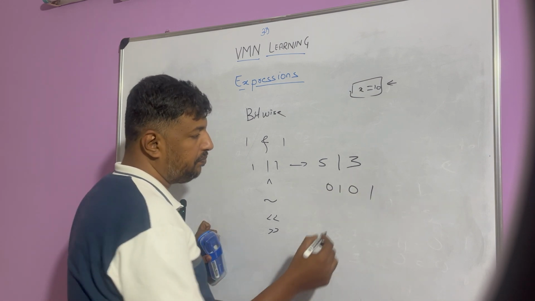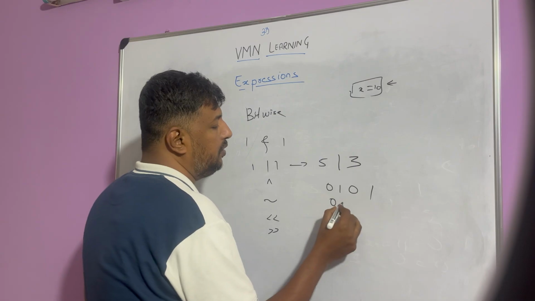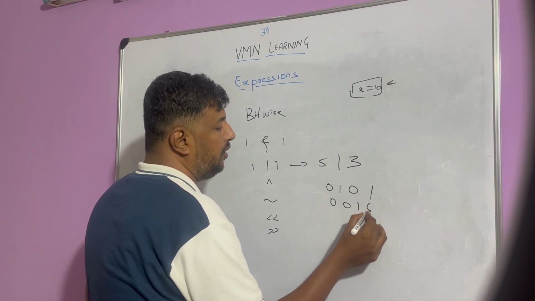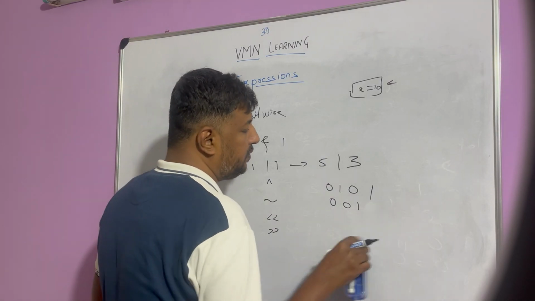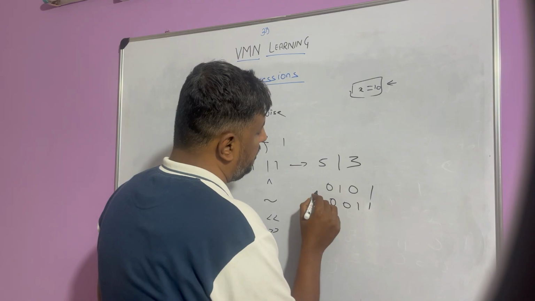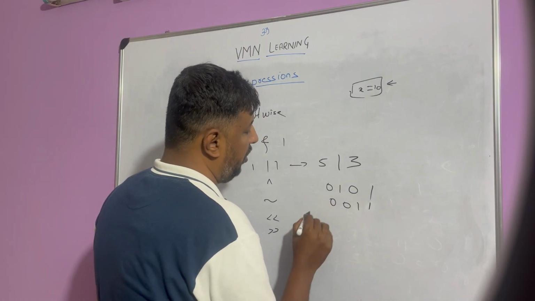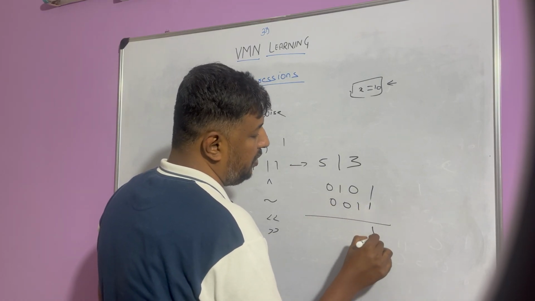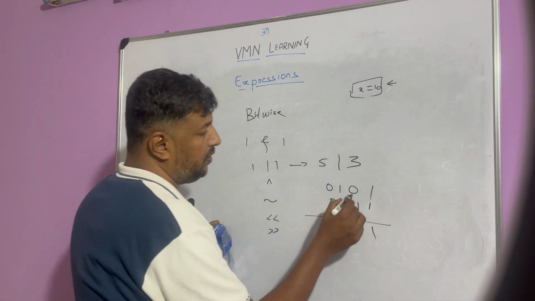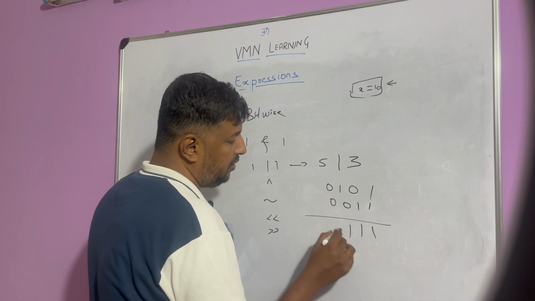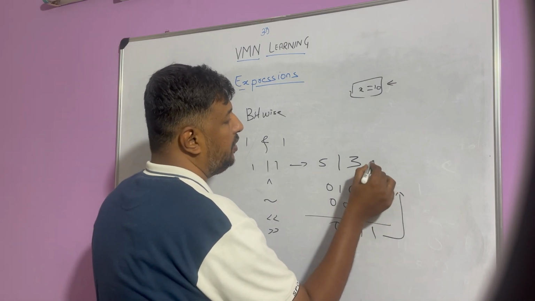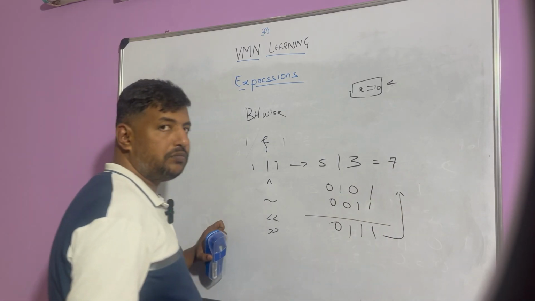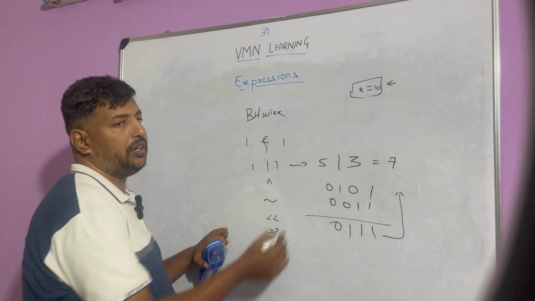And 3 is 0, 0, 1, 1. This is OR between these. So this or this 1, this or this 1, this or this 1, 0, 0, 1. So what is this? 7. The value is 7. So this is how the bitwise operators operate.